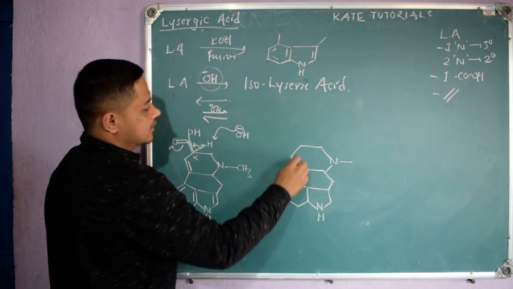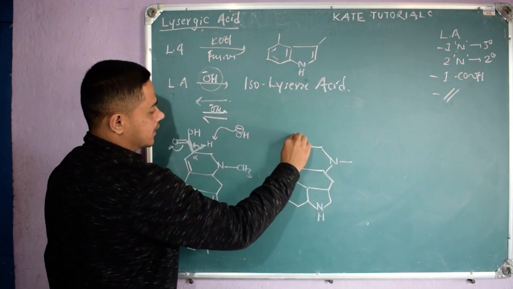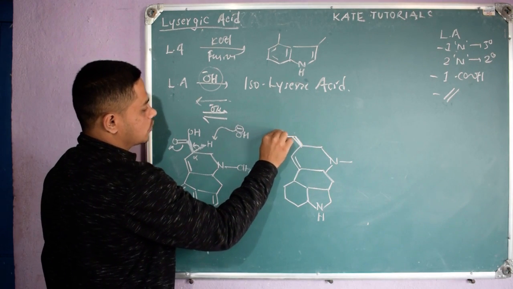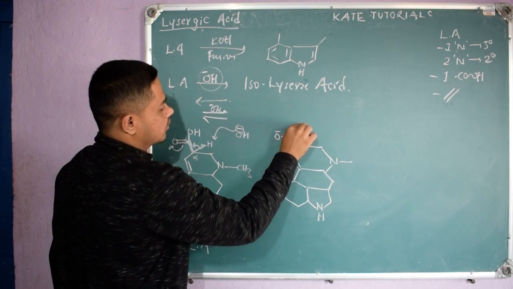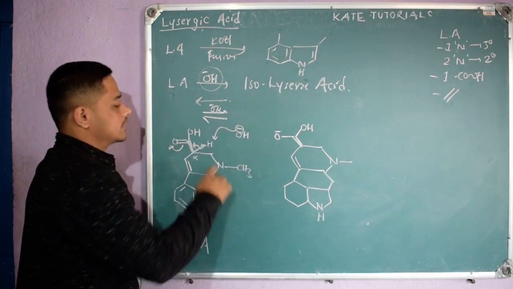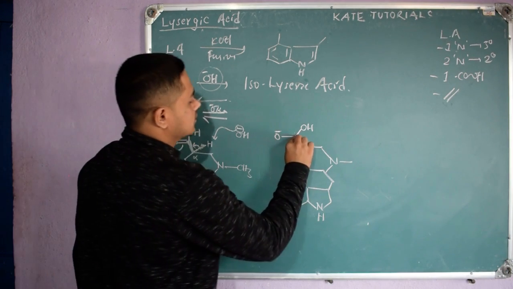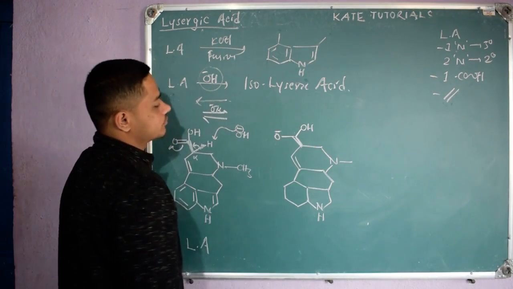Here it is CH3. Now I got a double bond here, right? At this carbon I have O minus, and this H plus and OH minus formed water. So here I have a double bond now, right?